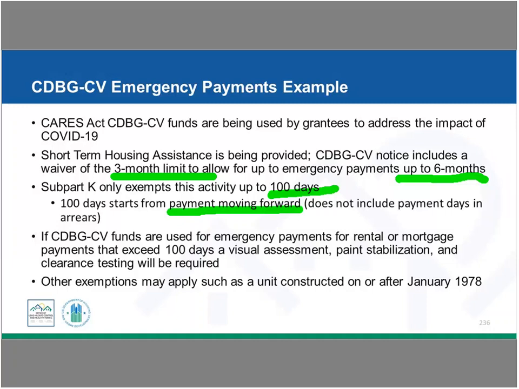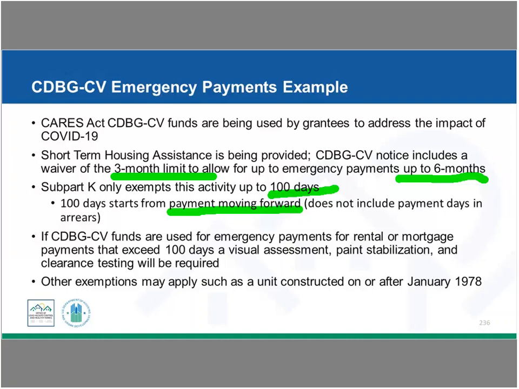So if I approve them for that 3 months of past due rent, and then because I'm allowed to, under CDBG-CV, provide up to 6 months total, I could provide them not only the past 3 months, March, April, and May, so they're already past due on those.